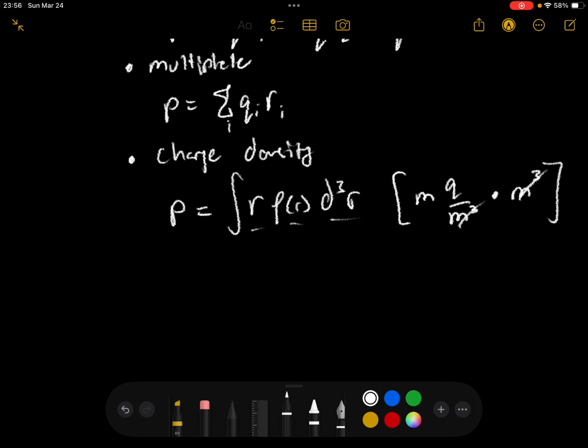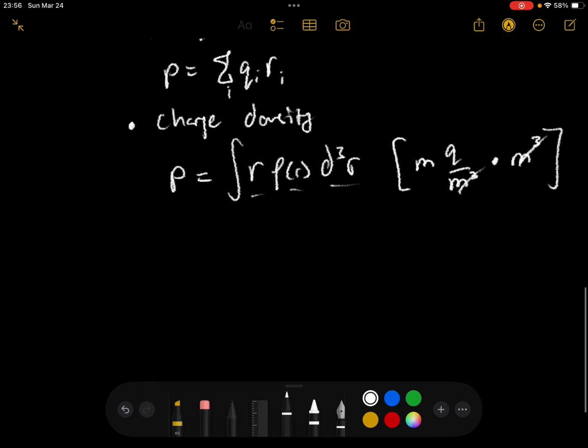So as you can see, it is just meters times charge, so just charge density.